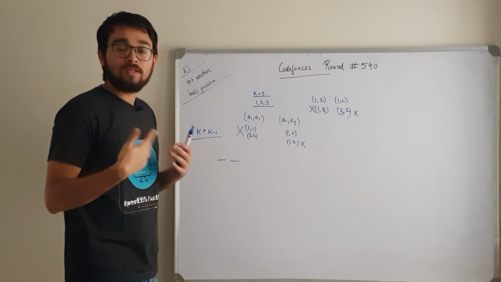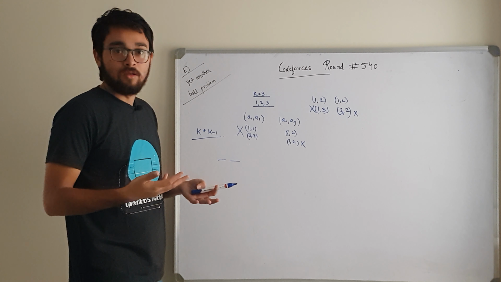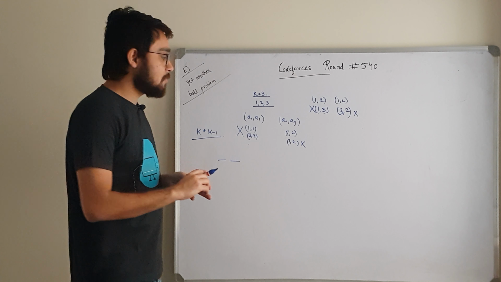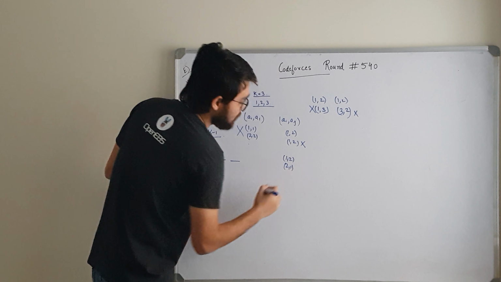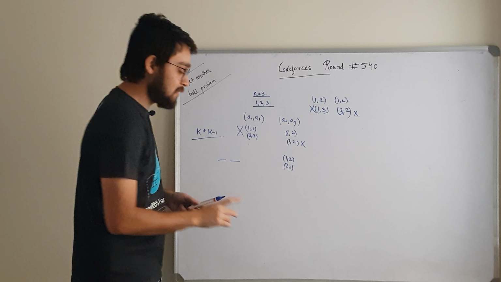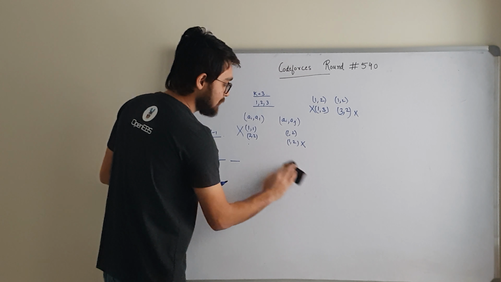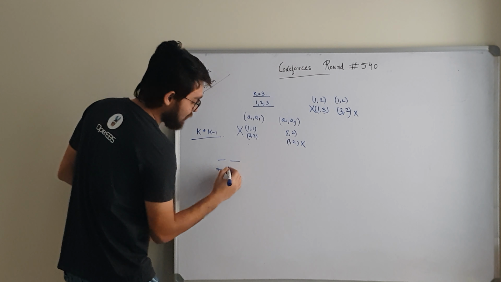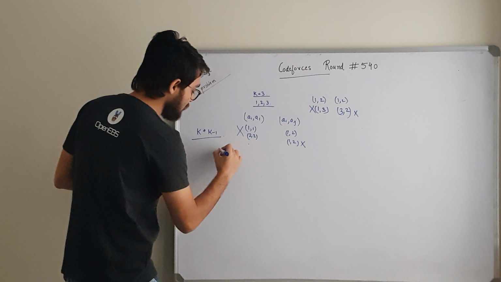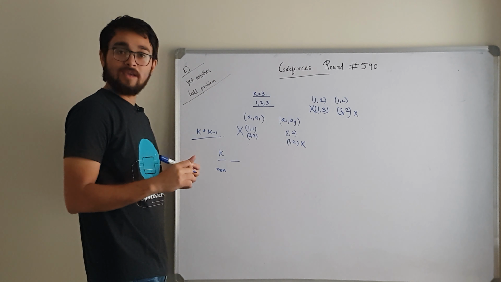So now we need to find the number of permutations which is possible. Why not combinations? Because in this case 1 comma 2 is different from 2 comma 1, so we need permutations here. Now for the man you have k colors, so you can choose any one of these k colors.